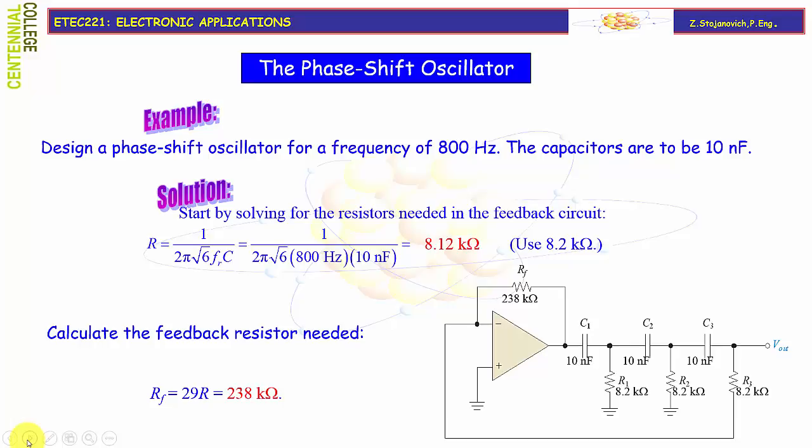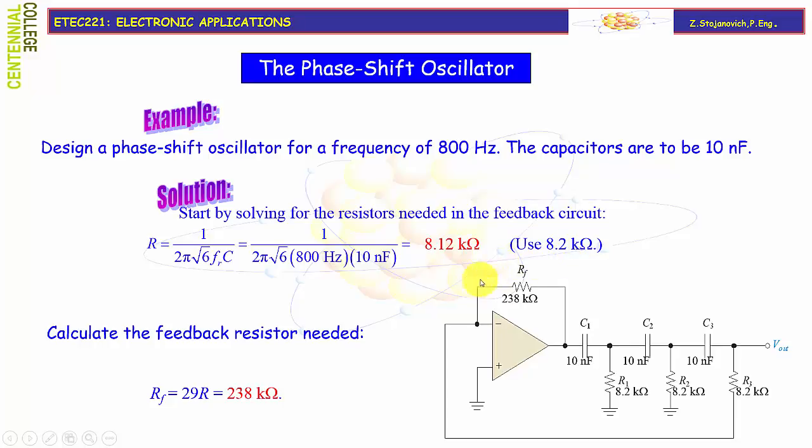Of course, you have to select an arbitrary value of the capacitance, and in this case it's suggested to use 10 nanofarads. Once again, you apply directly the expression for the frequency of oscillation, which you solve for R, and if it's required to be 800 Hertz with a capacitance of 10 nano, it will give you a value of 8.12 kilo ohms. Since this is not a standard value, the closest value will actually be 8.2 kilo ohms.